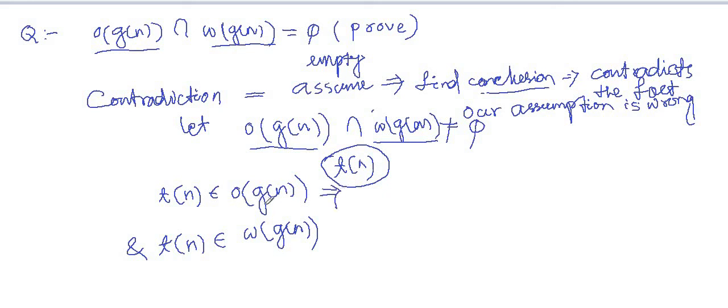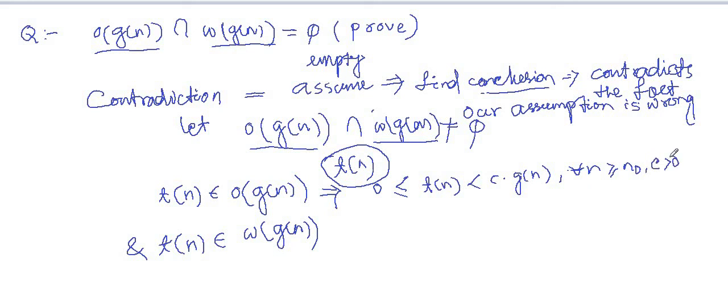As tn belongs to small o of gn, due to the definition of small o of gn, I can write here 0 less than equals to tn is strictly less than some constant c into gn for all n greater than equals to n0, and c greater than 0.